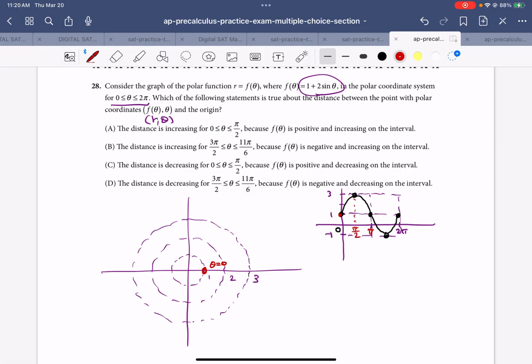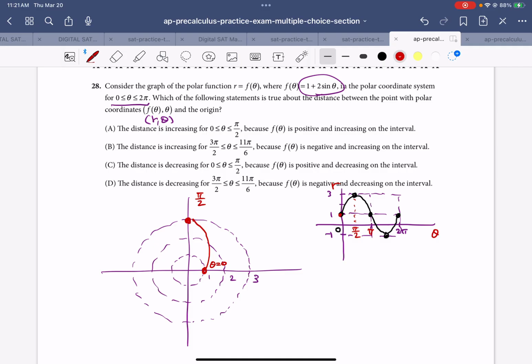At pi over 2, your r value is 3. So pi over 2 is located here, and r value 3. So it should increase, right? You see that the r value keeps increasing up to here. So that's pi over 2.